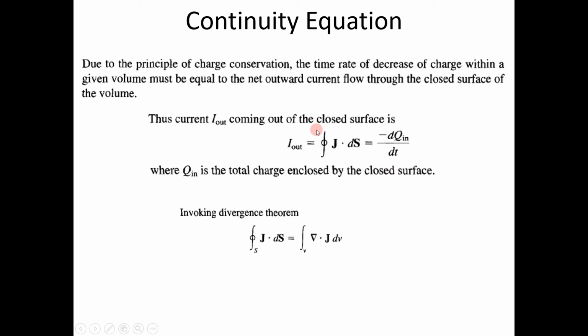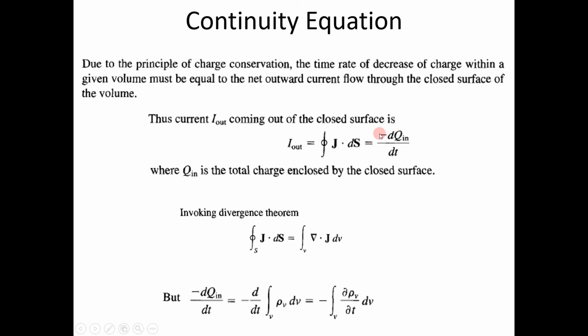Again, on applying the divergence theorem, the surface integral is converted to a volume integral. So surface integral of J dot ds can be written as volume integral of del dot J dv, that is equal to minus dq by dt.